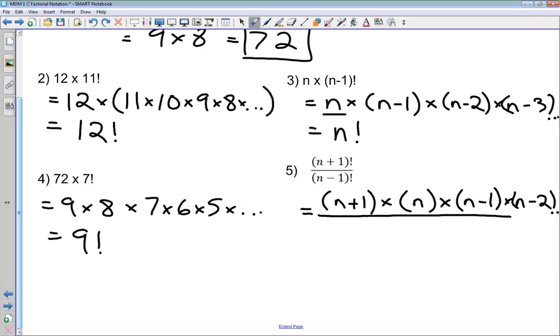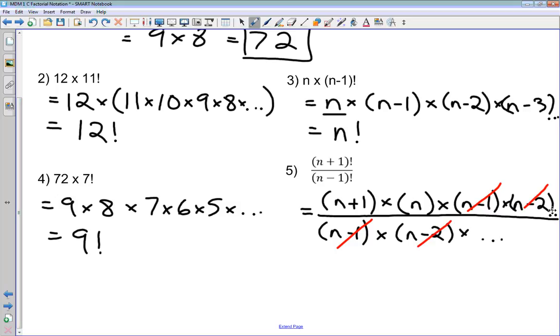What are we going to have in the denominator? First term is going to be the n minus 1 that we see there, times n minus 2, times, and so on. Now, let's look for terms we can cancel in the numerator and the denominator. N minus 1 and n minus 1, n minus 2 and n minus 2, and in fact, all of these successive terms are going to cancel each other out from here all the way along down to there.